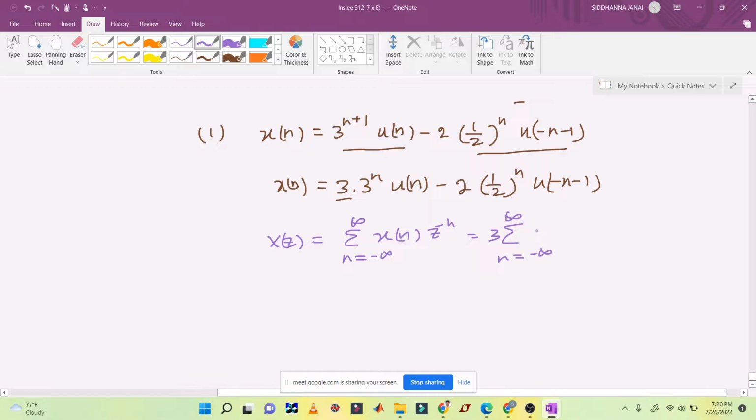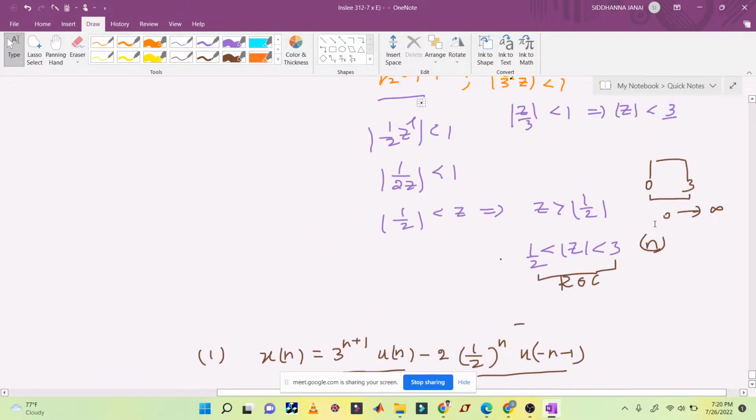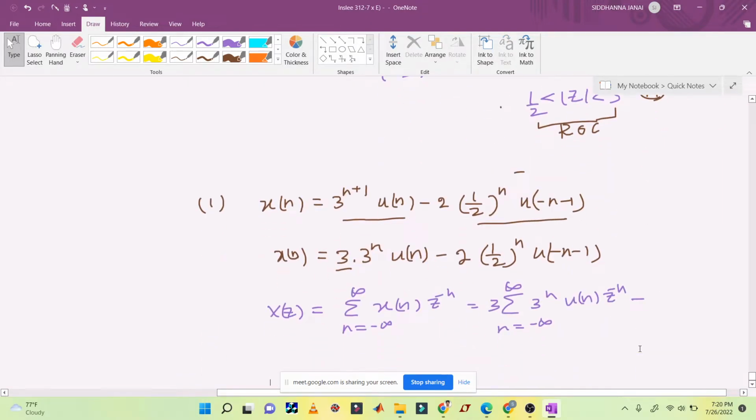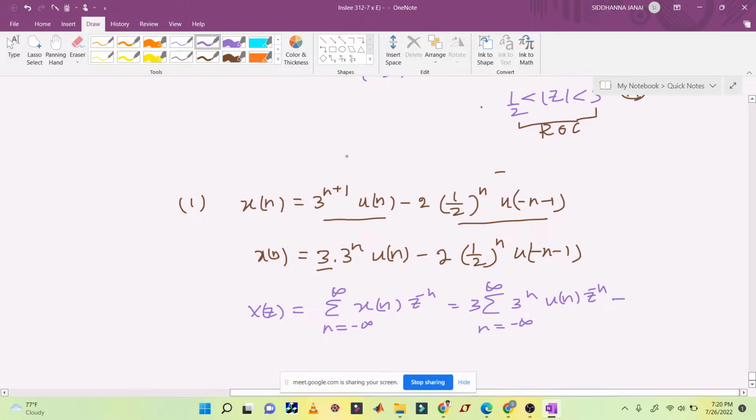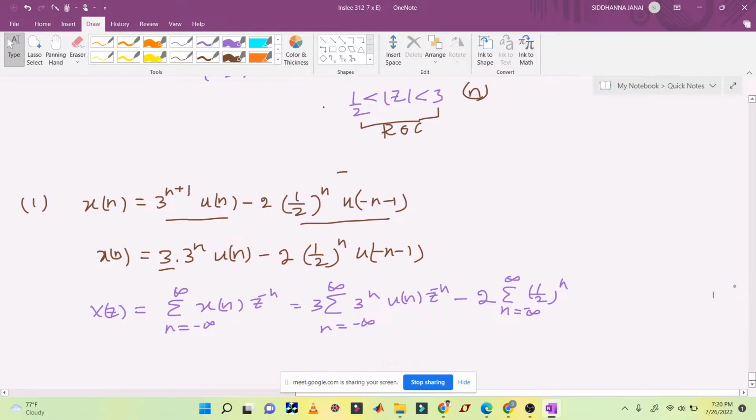I will take 3 outside. 3 to the power n u of n z to the power minus n, minus 2 into summation n is equal to minus infinity to plus infinity 1 by 2 to the power n u of minus n minus 1.